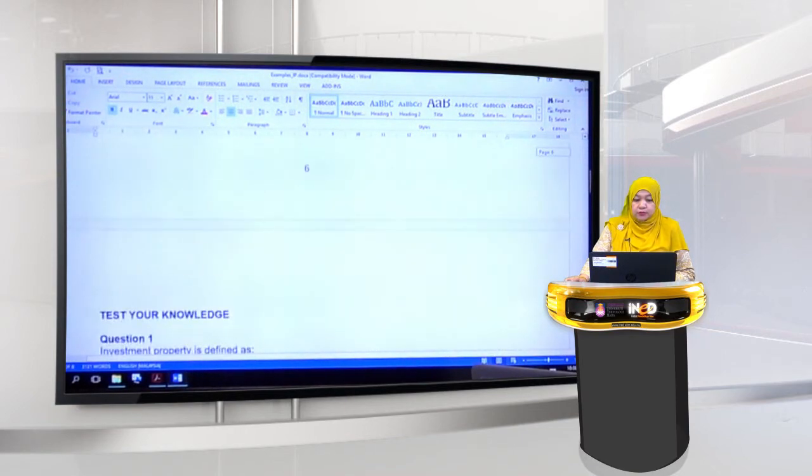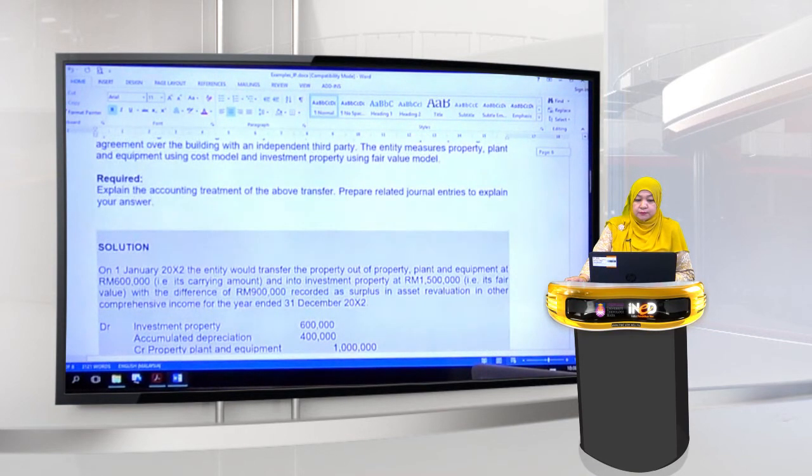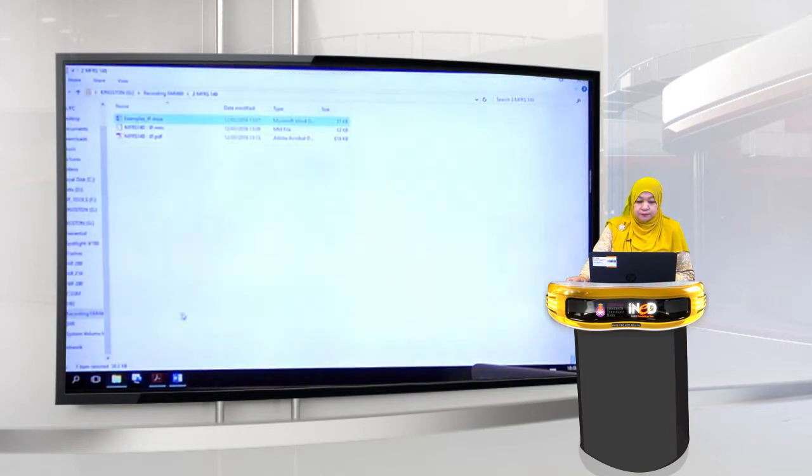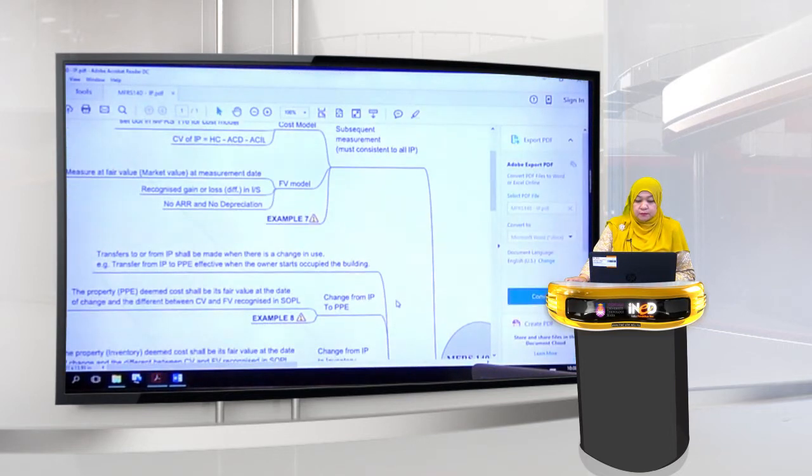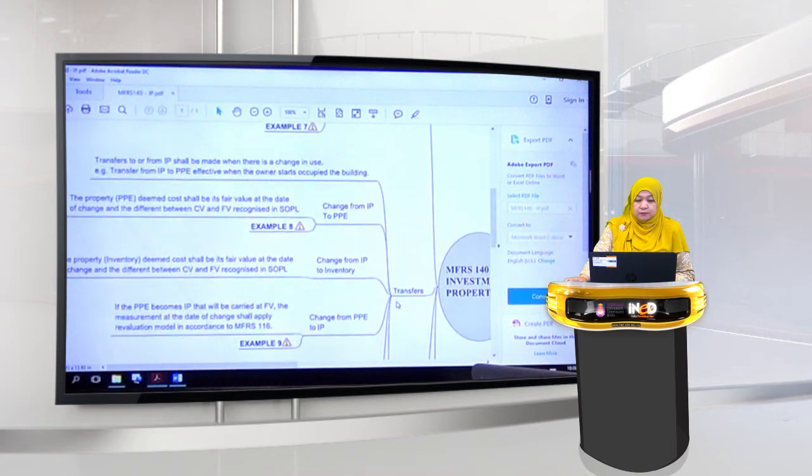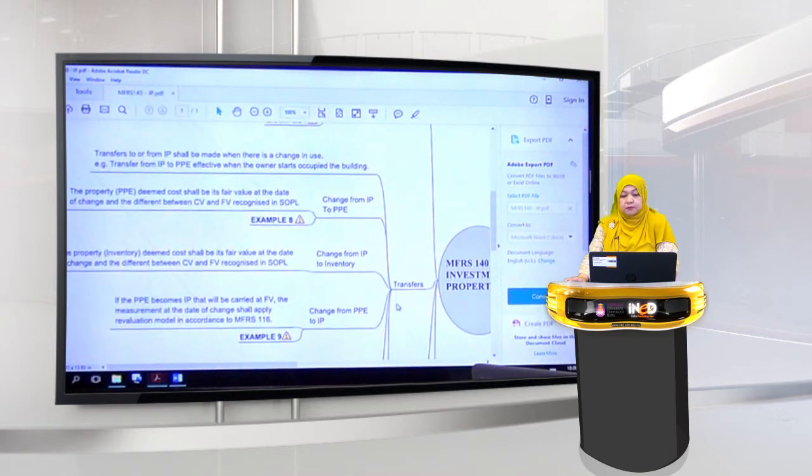Next we go to what happens if we transfer the investment property to another type of classification, such as PPE.